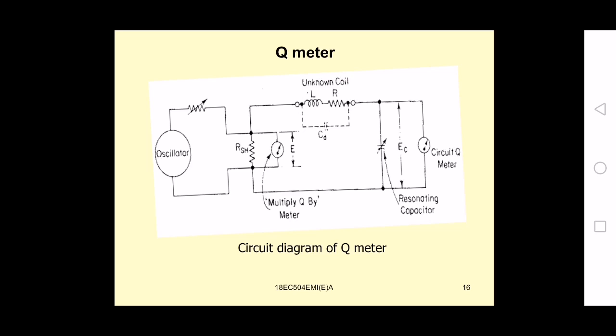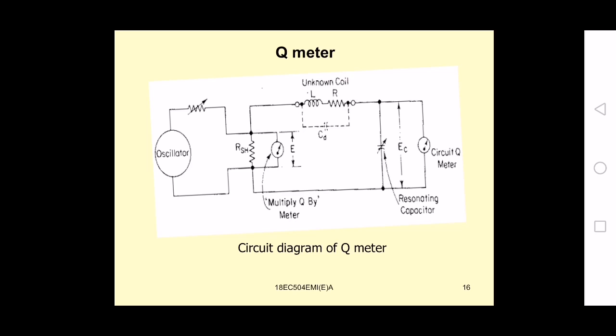Then the Q factor of the coil is determined by Q equal to EC by E. That is how we measure the quality factor using this practical Q meter.